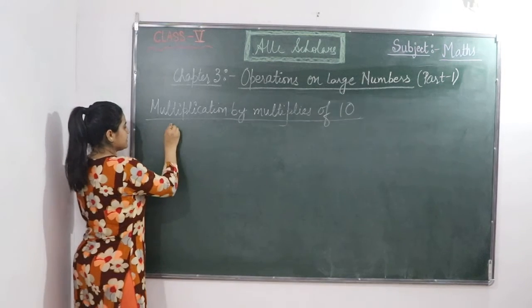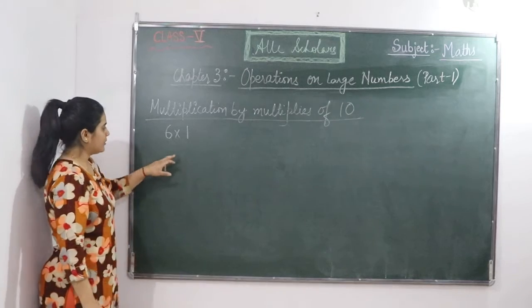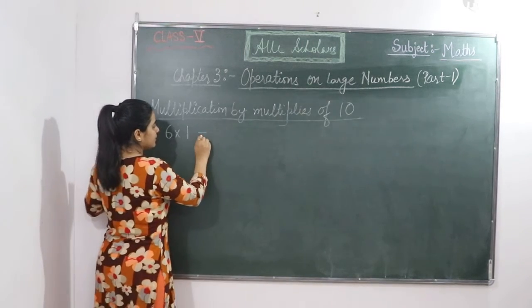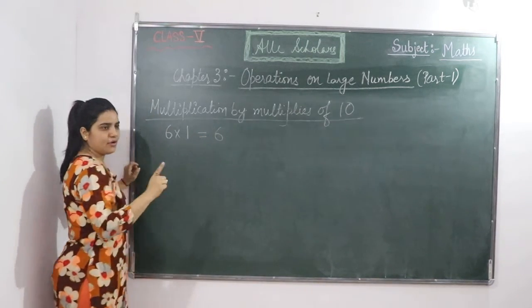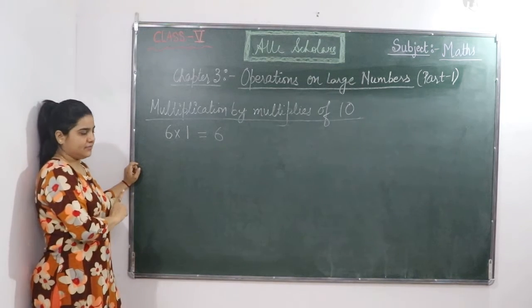Suppose, let's take an example: 6 multiplied by 1. So this will give you what? 6. As I have already told you, if you multiply any number with 1, it gives the number itself.